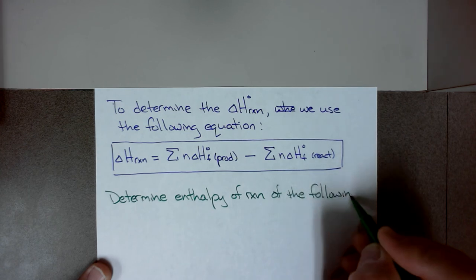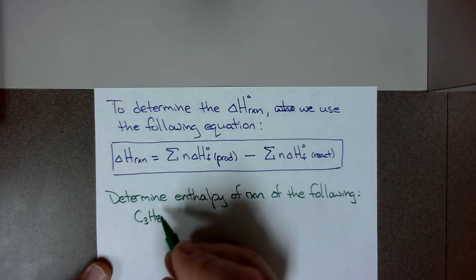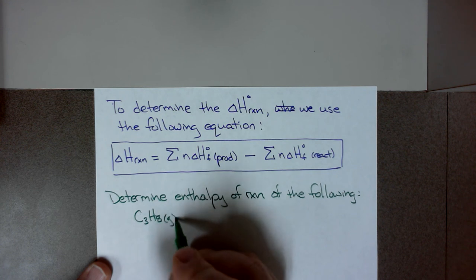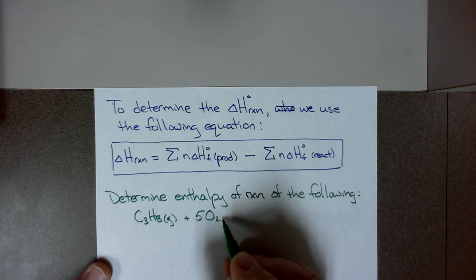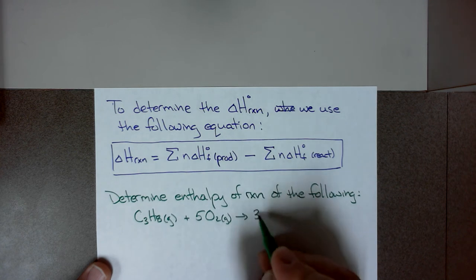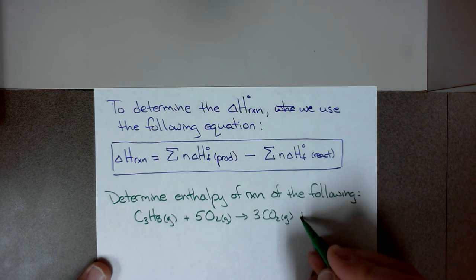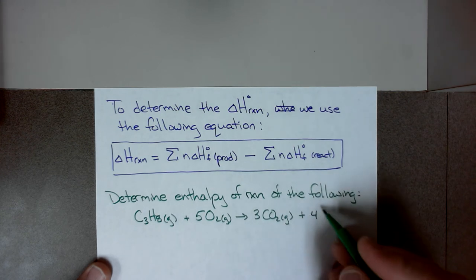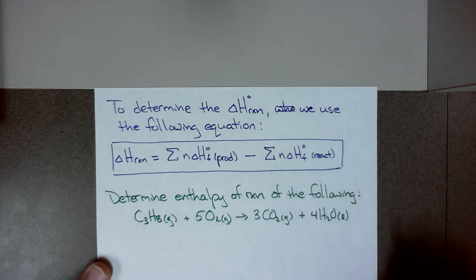Okay, here's my reaction. We're going to take propane, that's C3H8 gas, plus 5 moles of O2 gas to produce 3 moles of CO2 gas, plus 4 moles of H2O liquid.